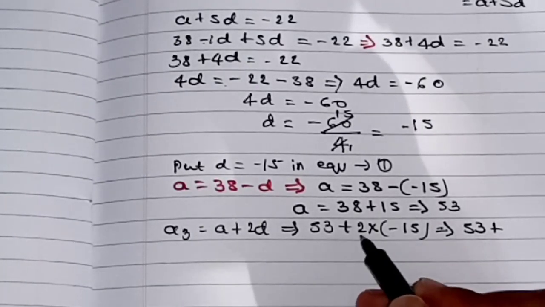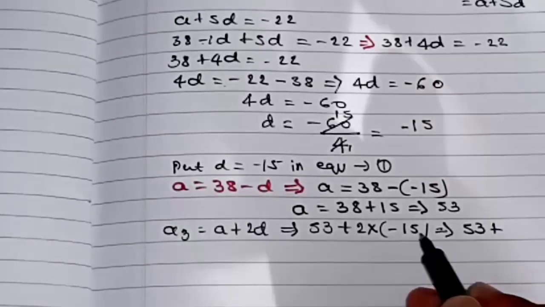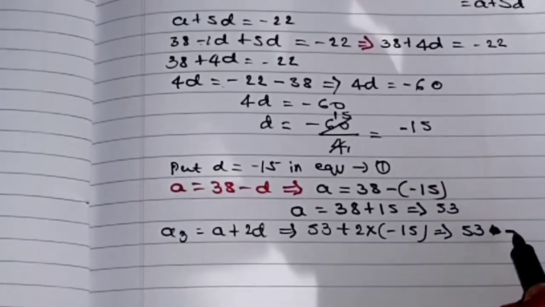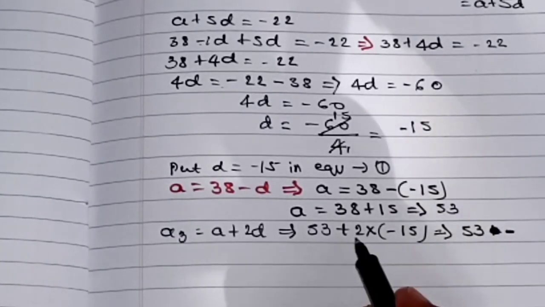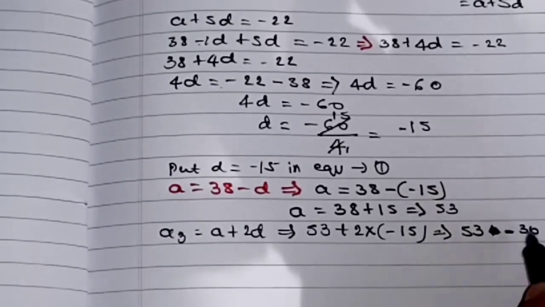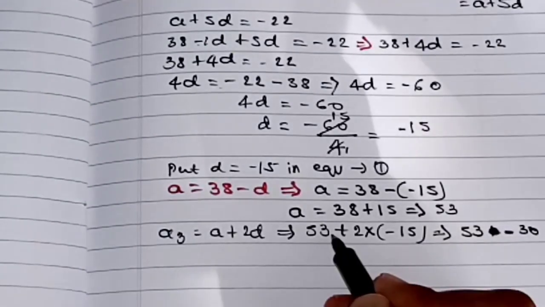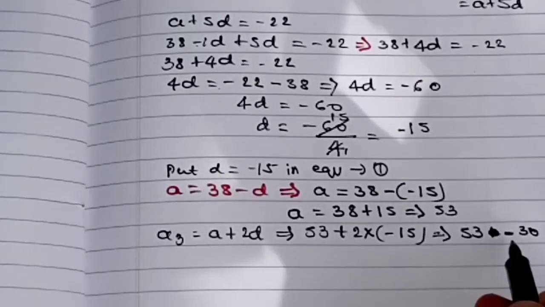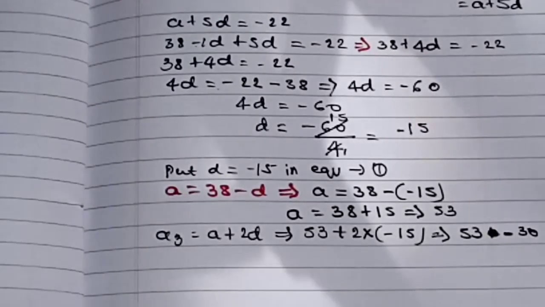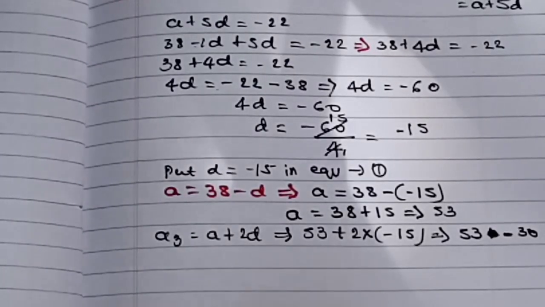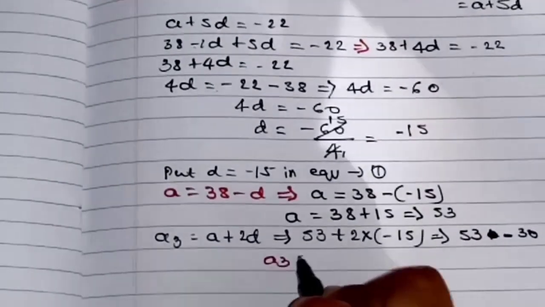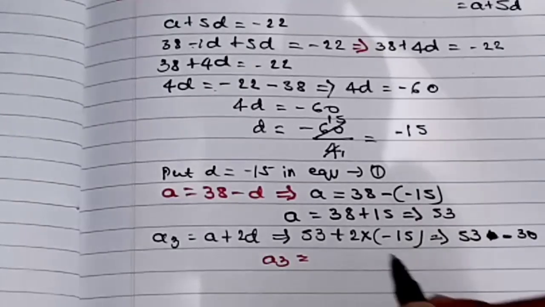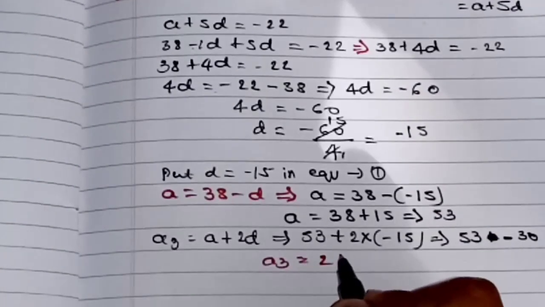Here plus into minus will be minus, so therefore write down this as minus. Here it is minus, so therefore 15 twos are 30. Again I will say, children, here 53 plus into minus will be minus, 15 twos are 30. So that implies the a third term is equal to 53 minus 30, so the answer is 23.